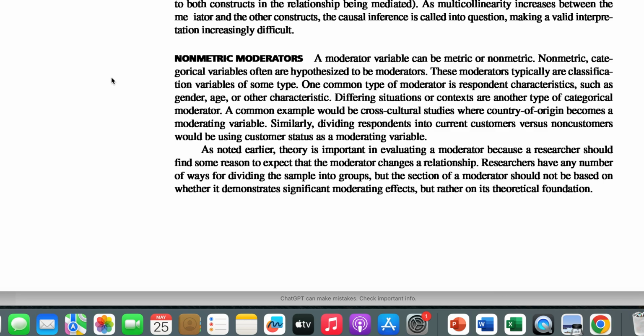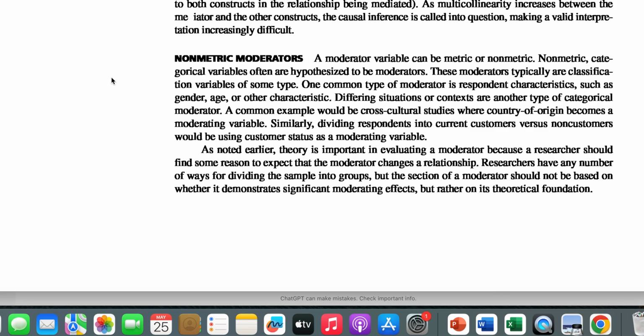One common type of moderator represents characteristics such as gender, age, or other characteristics. Differing situations or contexts are another type of categorical moderator. A common example would be cross-cultural studies, where the country of origin becomes a moderating variable.